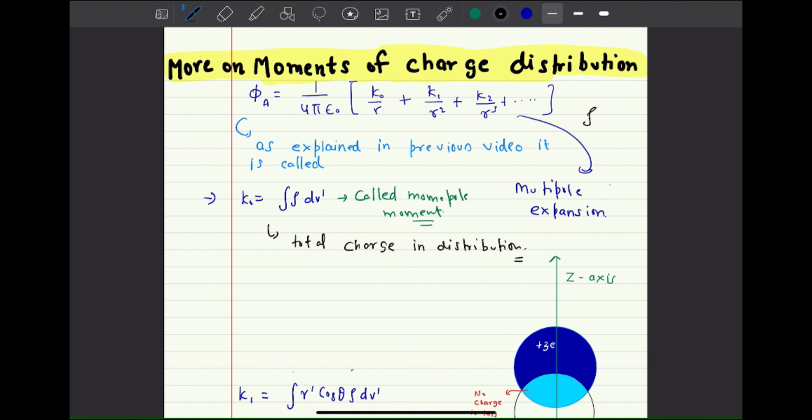If equal amounts of positive and negative charges are there, then this term is going to be 0. For example, in a singly ionized molecule, K0 here will be equal to e.